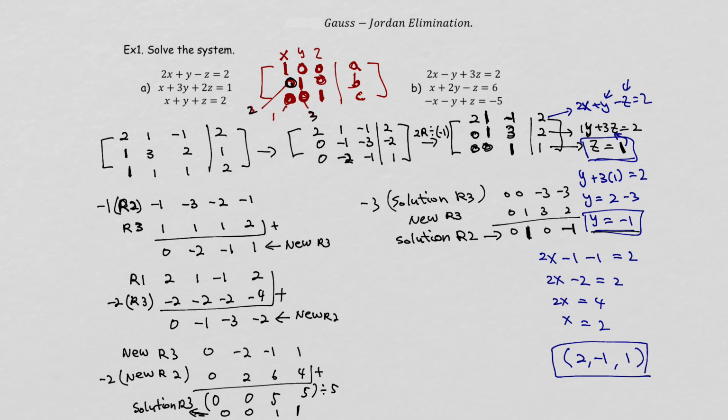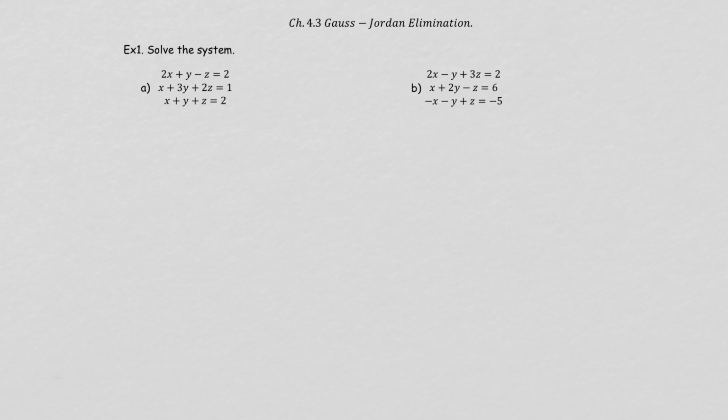Okay, now we wanted to try B. So let's try B. We have a matrix system. This is B. The matrix system is 2, -1, 3, and the solution. The second equation gives 1, 2, -1, and 6. The third equation is -1, -1, +1, -5.